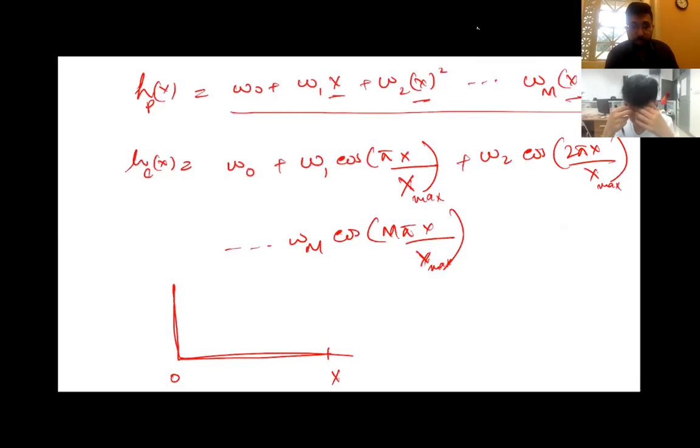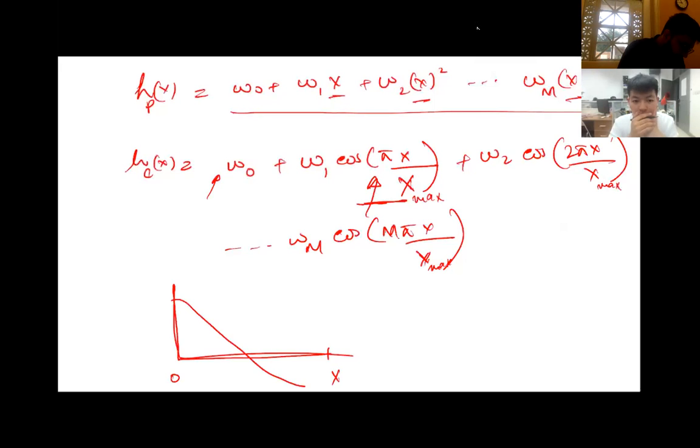So if you plot this, the first base is DC, but the second base is a cosine, so it should start at 1 and look like this. Then when you plot the second one, it should be like this. My drawing might not be very neat, but this is how these bases look.